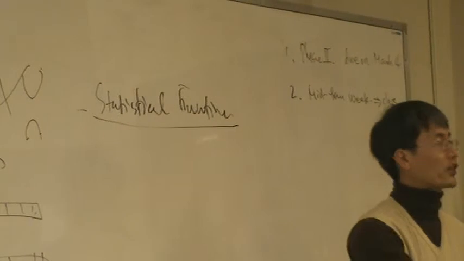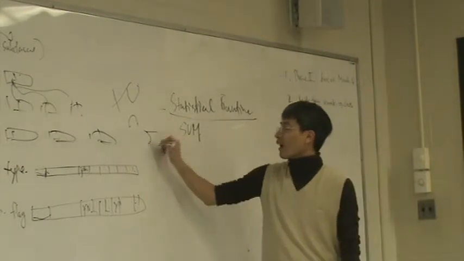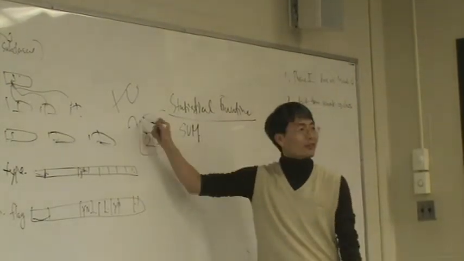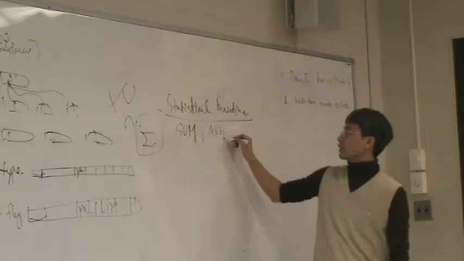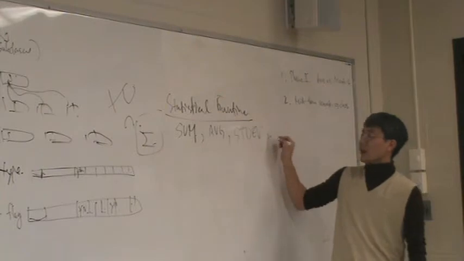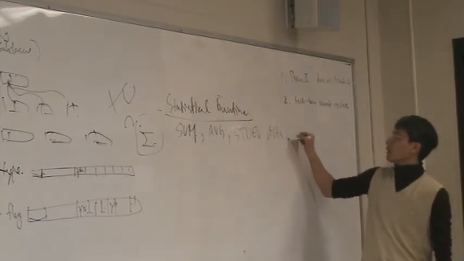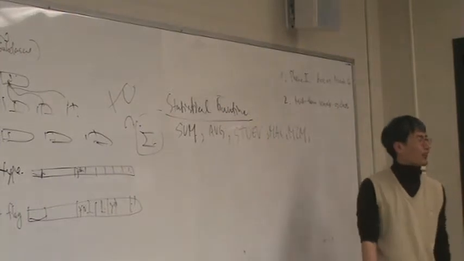Think about your Excel sheet. When you are using Excel, you probably use the sum, right? A lot of time. This icon. Click the icon, that's sum. What else? Average. Standard deviation. And maximum. Minimum. Median is a little bit different.